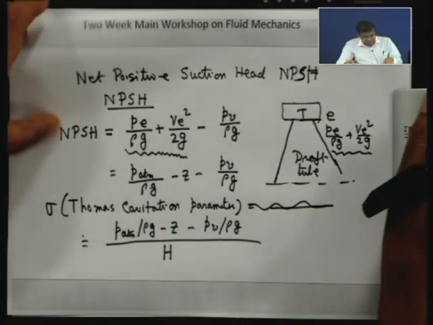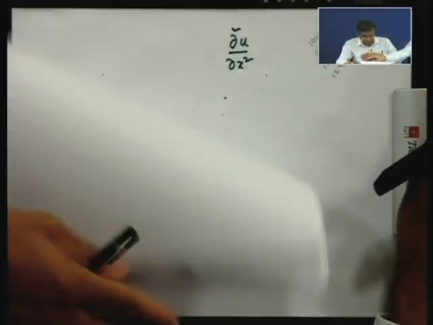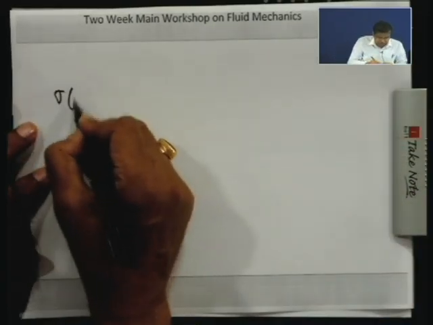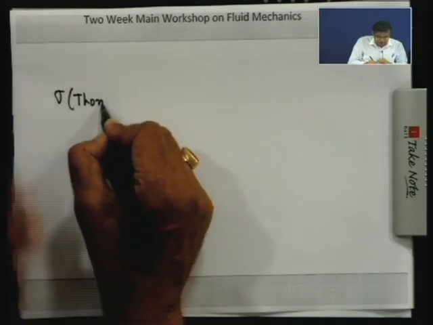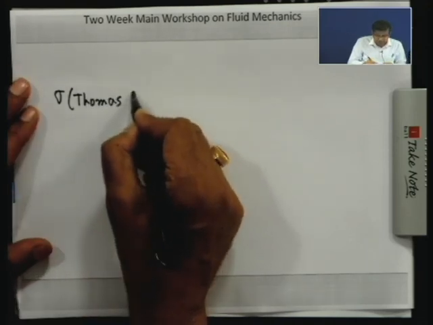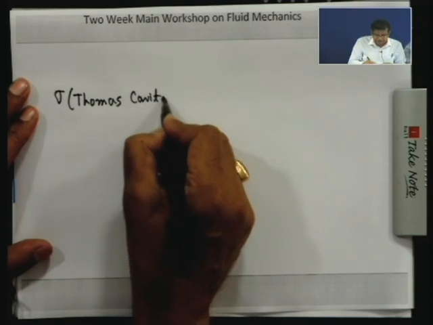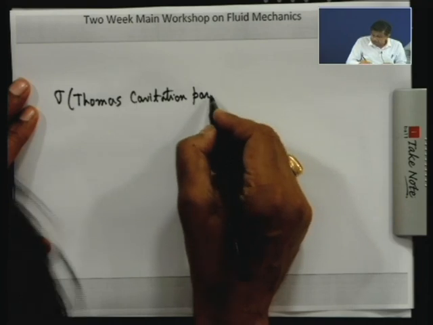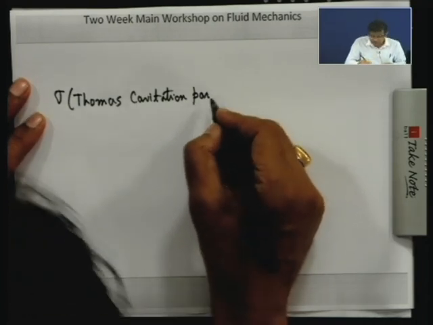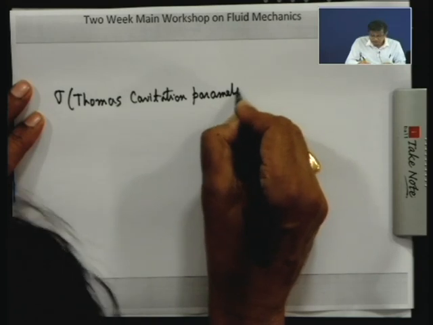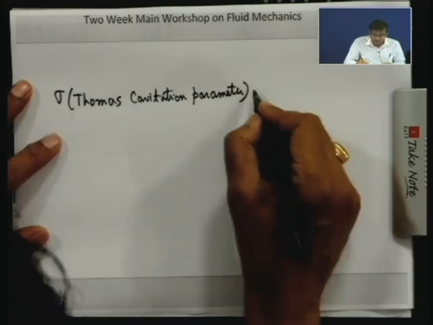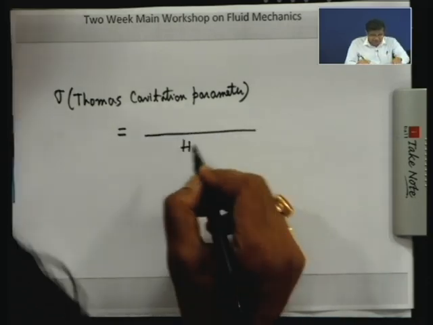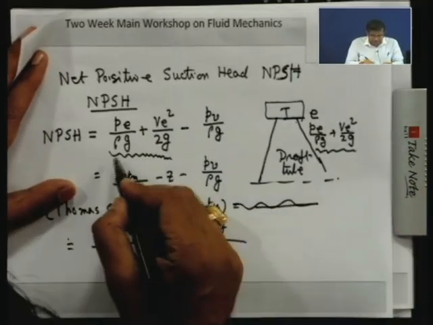Now again, I write Thomas cavitation parameter sigma is defined as NPSH divided by H, and this NPSH by definition is the total head.